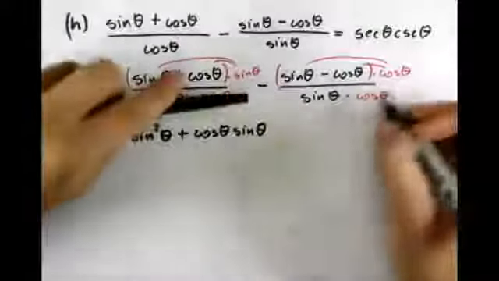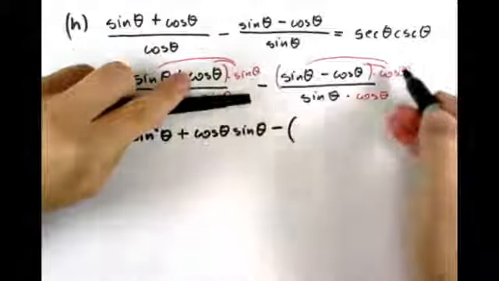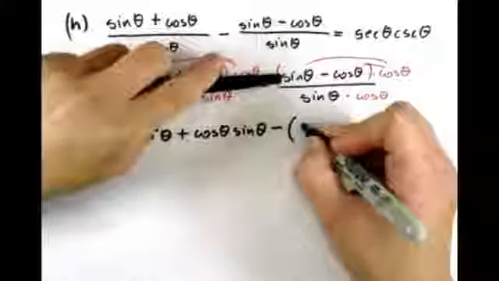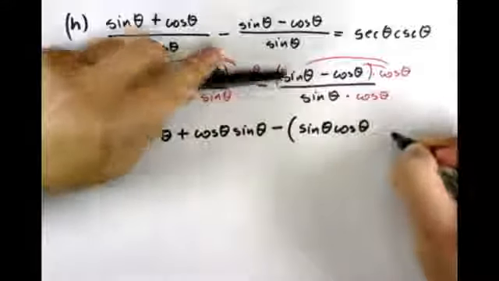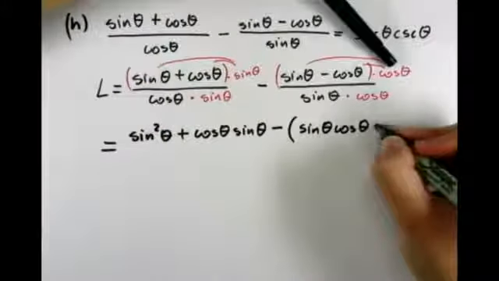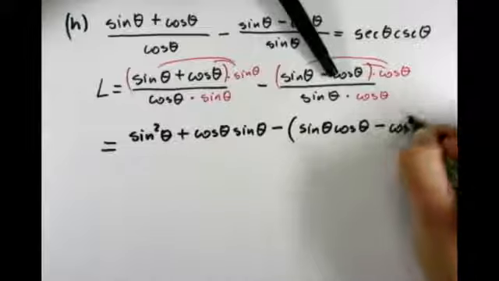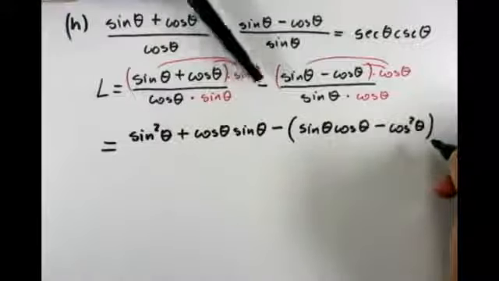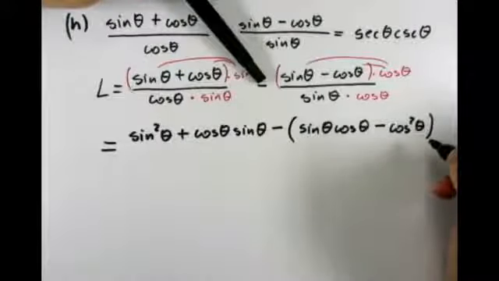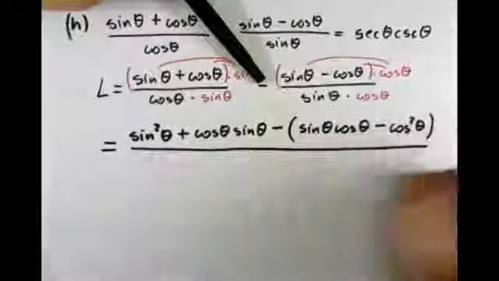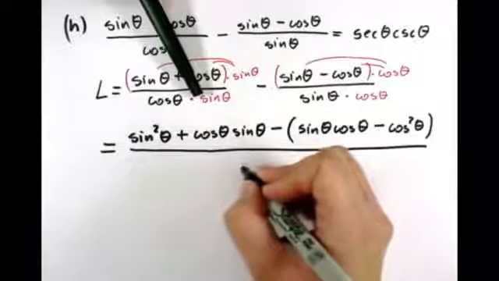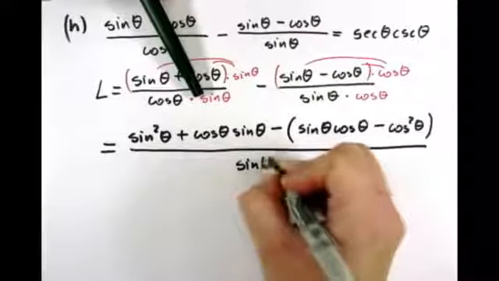And then we have minus, and I'm going to put the bracket. Sine times cos is sine cos. And then we have cos times cos, cos square theta. We do need to put that bracket because we do need to distribute that minus as well. All over, and now we have the same common denominator, so sine theta cos theta.